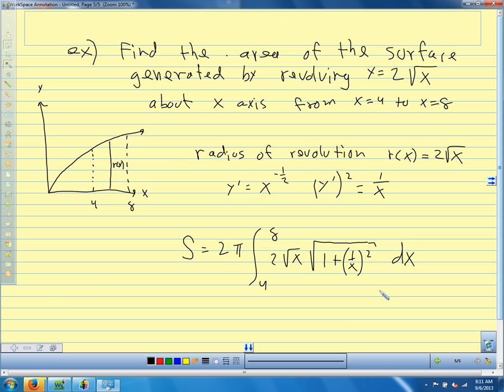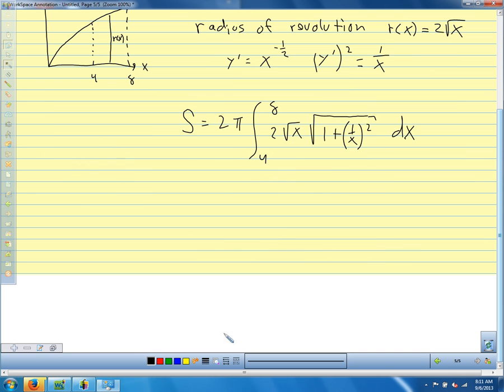This doesn't look very nice, but this lets us do some nice algebra. I'm going to write this as 4 pi times the square root of x, and I don't want the squared here. I already squared it.